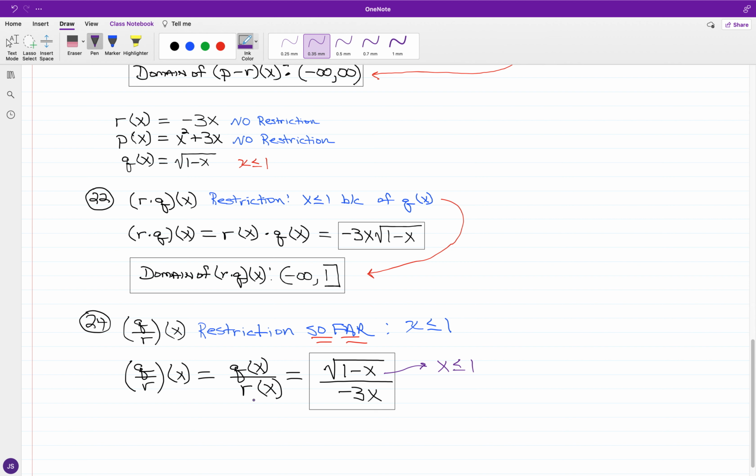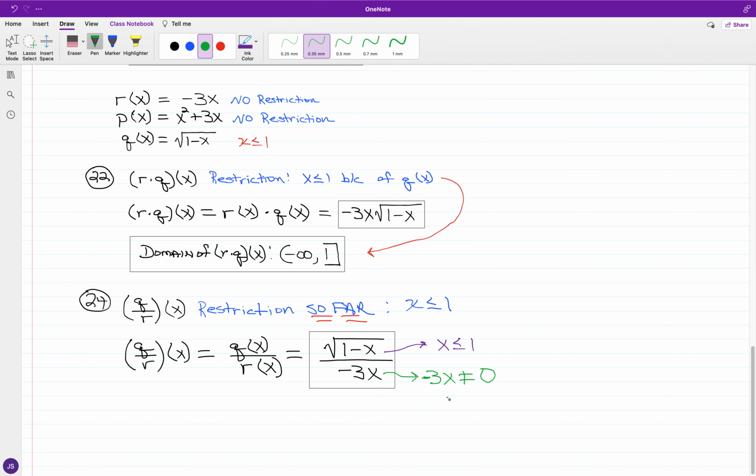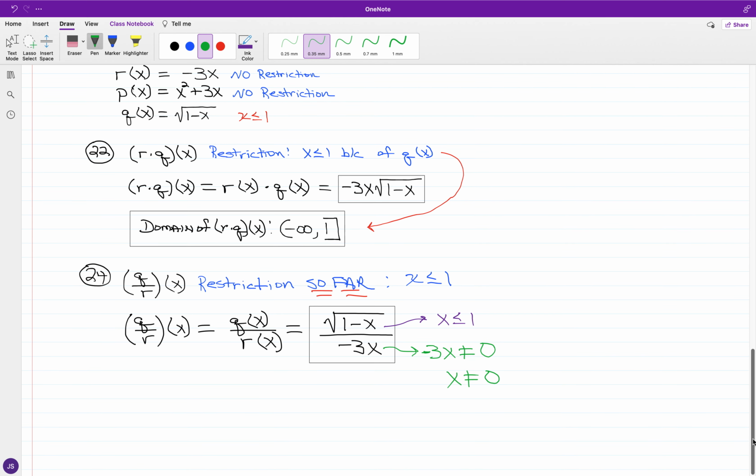But now with r of x, there was no restriction upon r of x, but since we have it situated in the denominator, negative 3x cannot be equal to 0. And if negative 3 times x cannot be 0, and we divide by negative 3, we have that x cannot be equal to 0.